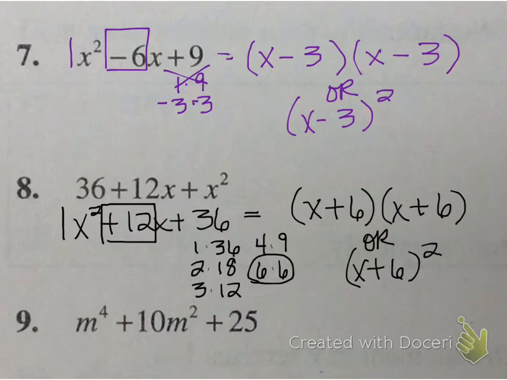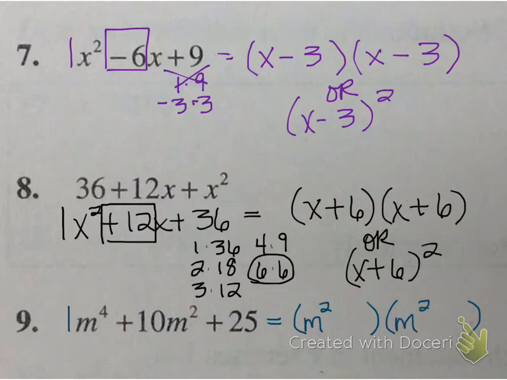We have m to the 4th plus 10m squared plus 25. The nice thing is I still have just a leading coefficient of 1. Now, my first term is m to the fourth. So how do we get m to the fourth? Well, that's going to be m squared.